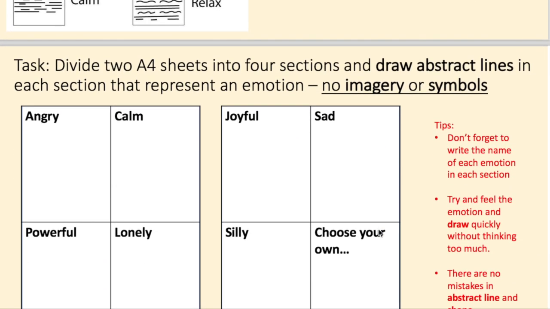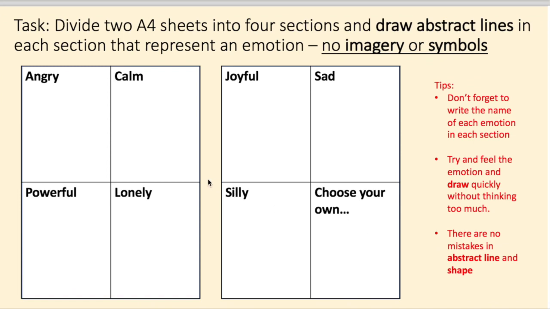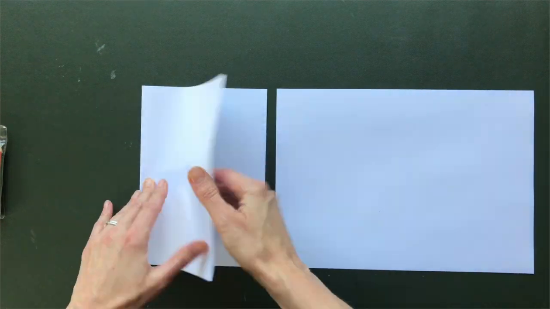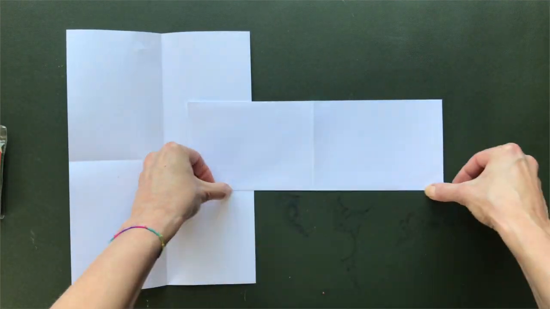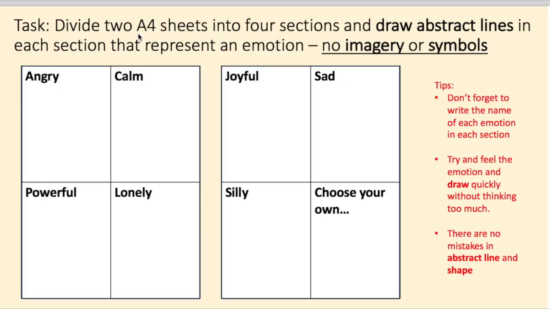What I wanted you to do as a task is to divide 2 A4 sheets into 4 sections and draw abstract lines in each section that represent an emotion, using no images or symbols, just pure line. Put the pencil on the paper and see how you feel.